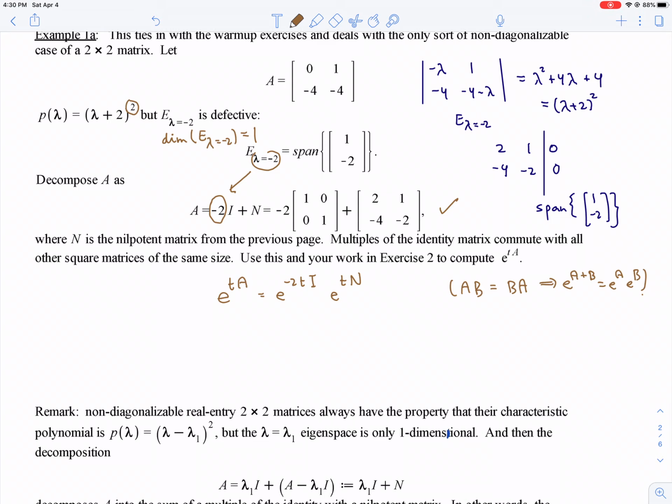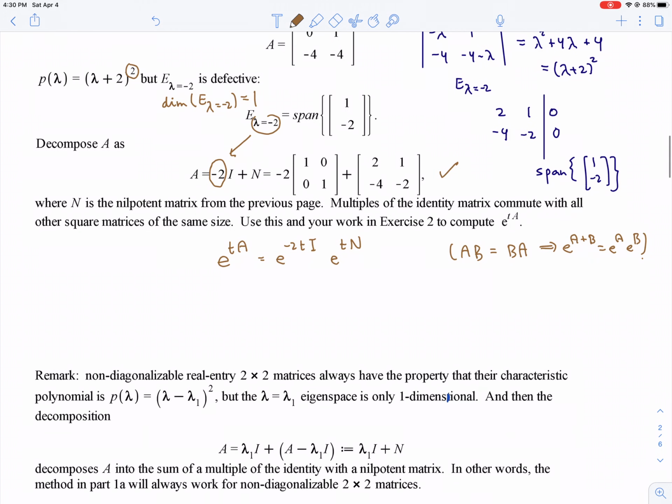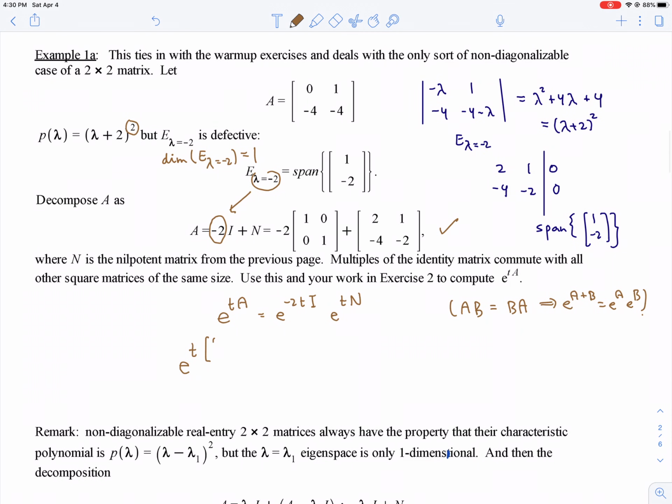And so e to the t times [0, 1; -4, -4] is e to the t times [-2, 0; 0, -2] times e to the tN.